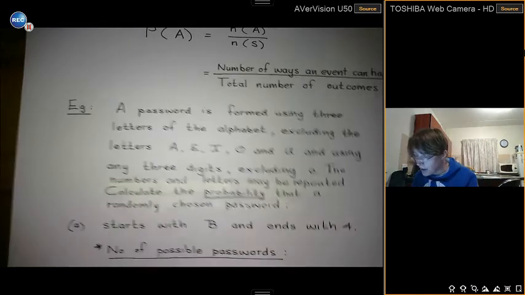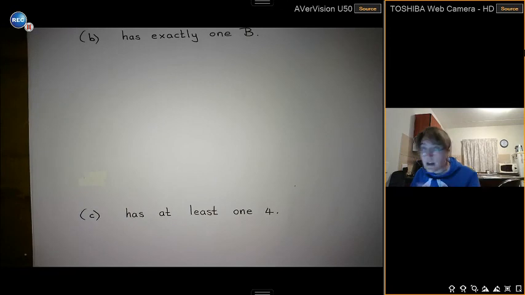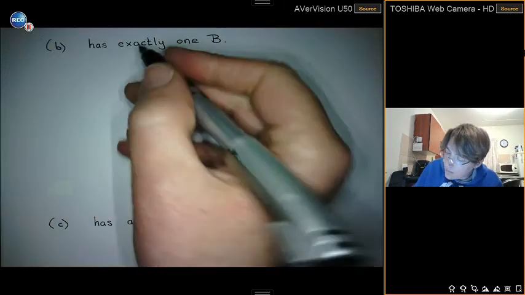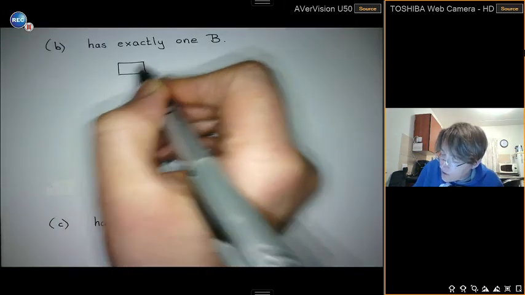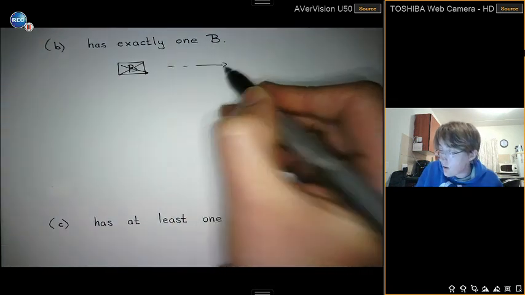Okay, so the B part of this one says, what is the probability that the password that is randomly selected has exactly 1 B? Now this one can be a little bit tricky, and the reason is the following. Yes, having exactly 1 B means I could have a B in the first one, and then the rest are all different.